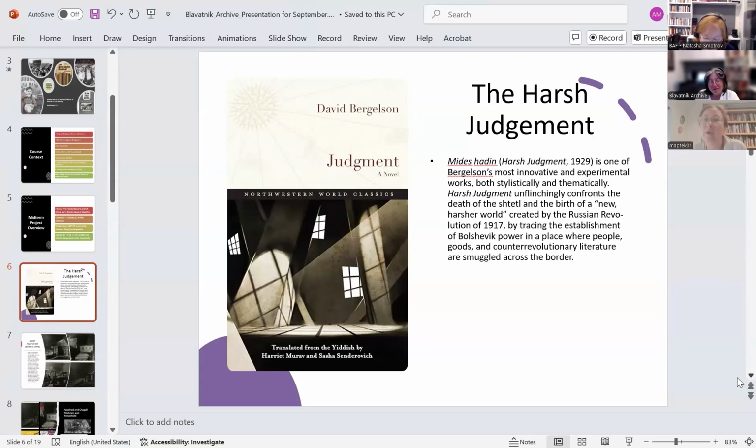If anyone is unfamiliar with the novel, it's one of Bergelson's most innovative and experimental works, both stylistically and thematically, and it traces the establishment of Bolshevik power in a place where people, goods, and counter-revolutionary literature are smuggled across the border.